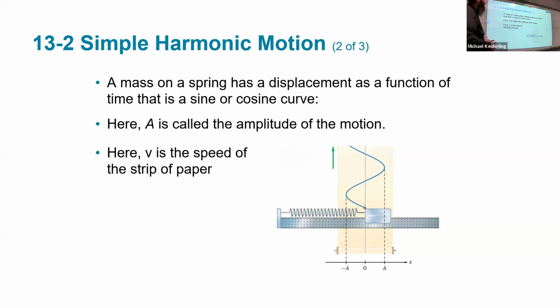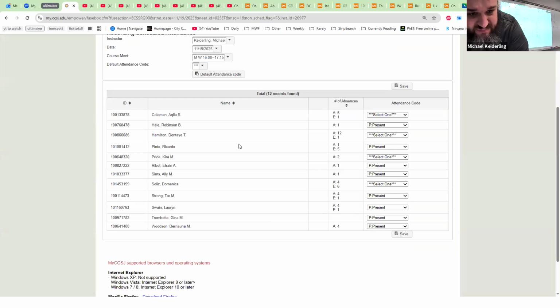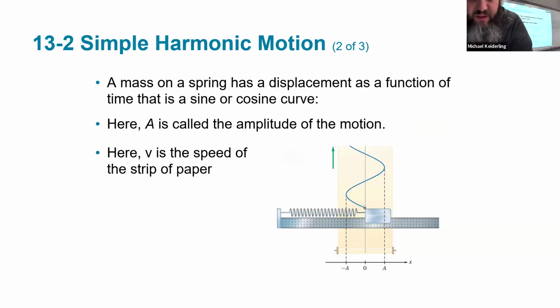So you'll have some oscillation of some amplitude A, and you'll be moving at a speed v.